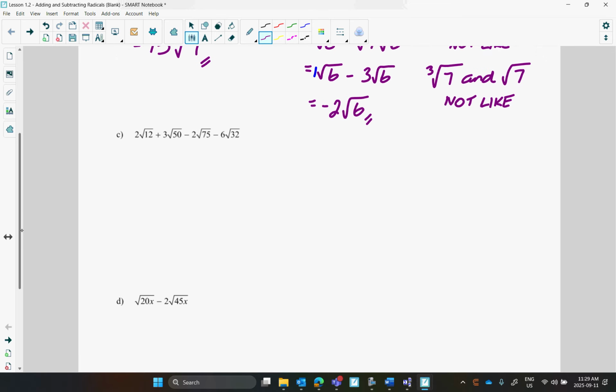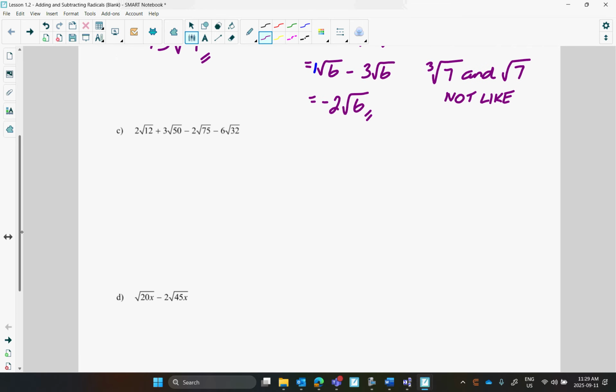Okay, this one, oh boy. Well, they're not like, but it looks like I can do a whole bunch of simplifying just by looking at those numbers under the square roots. So here's how we'll break it up. 2 times, and now let's break this up. Highest perfect square. 4, which means this is 2 root 3. Plus, I can break up root 50.